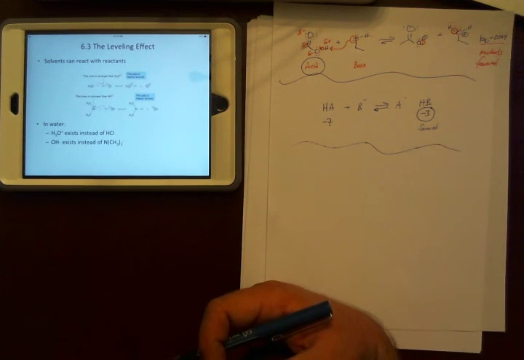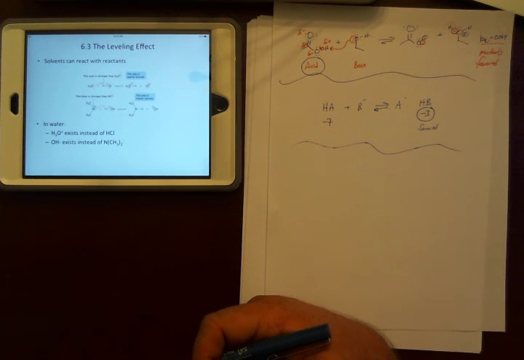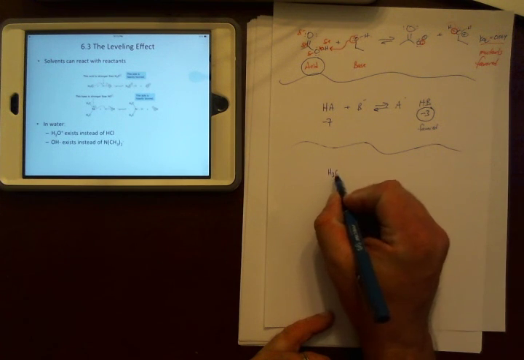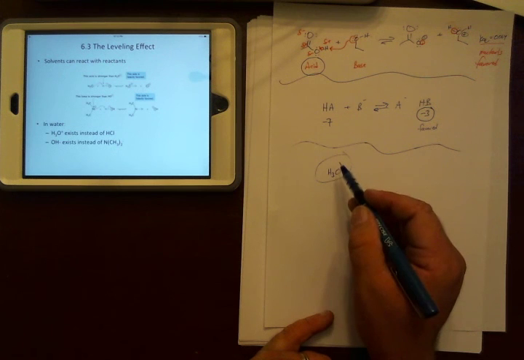So if the acid is stronger than H3O plus, this is what's going to be made.